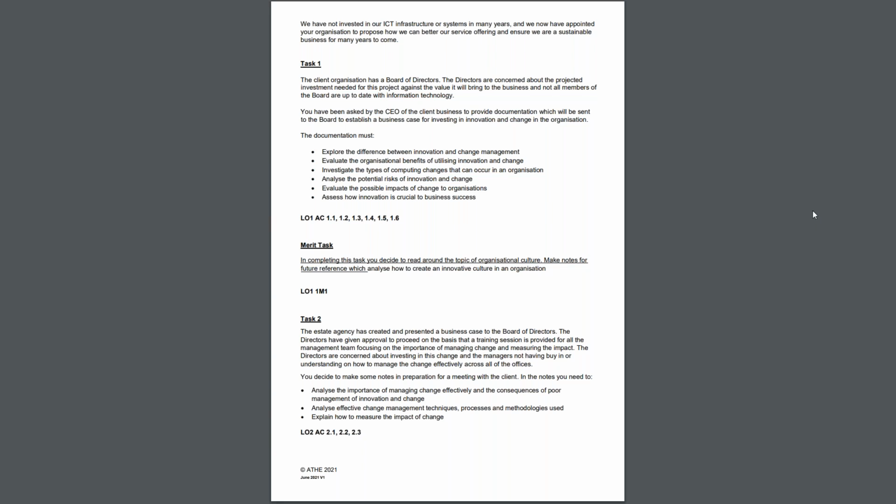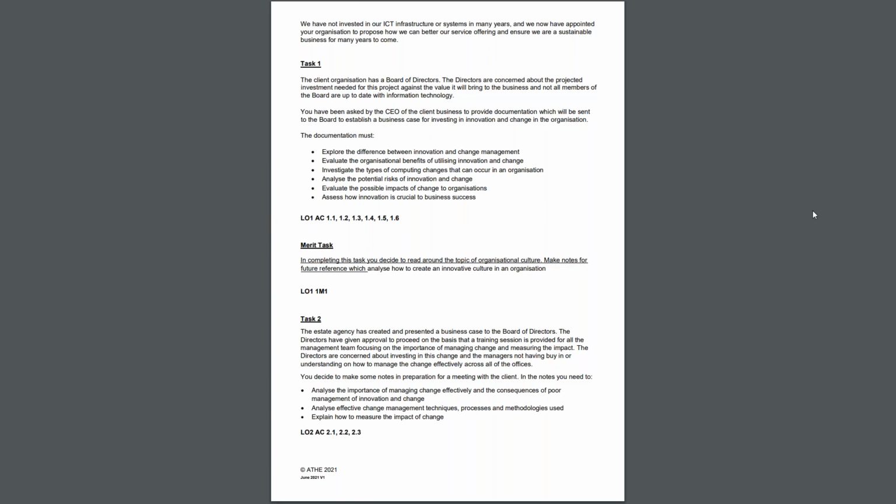You can also achieve a merit task, where it says that in completing this task, you need to read around the topic of organizational culture. Make note of future references which analyze how to create an innovation culture in an organization.